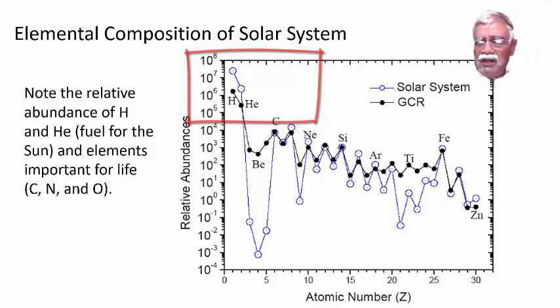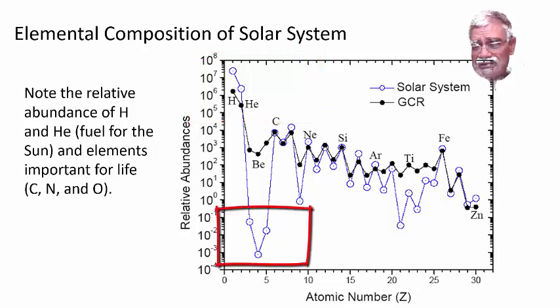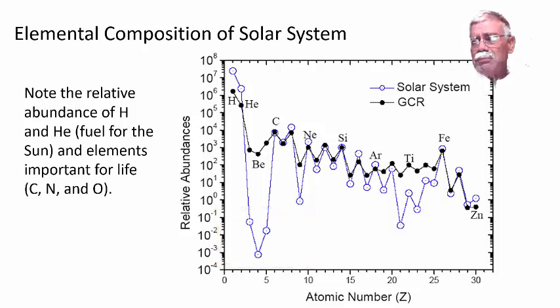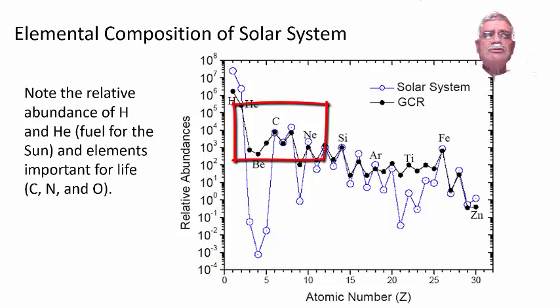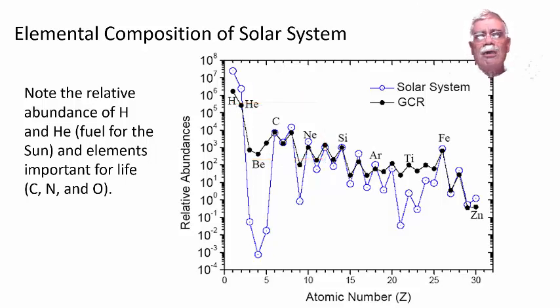And then there's a very small amount of the next three elements, which are lithium and beryllium and boron. Very small amounts. But then it jumps back up and we have a larger amount of carbon and nitrogen and oxygen, which are the next three dots. Now that's kind of interesting because carbon, nitrogen, and oxygen are essential for life. So we're fortunate that there's a relatively large amount of those elements in our solar system and on planet Earth.